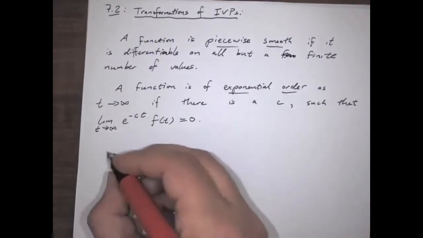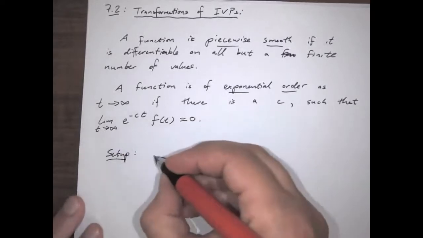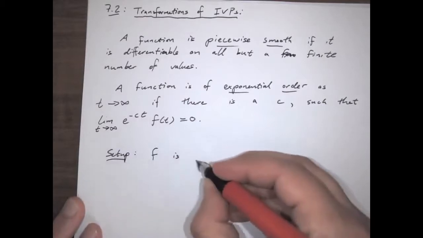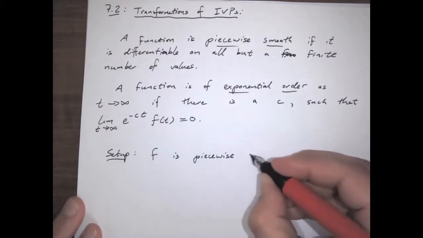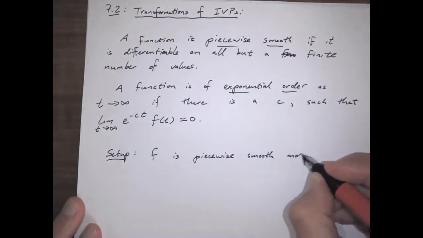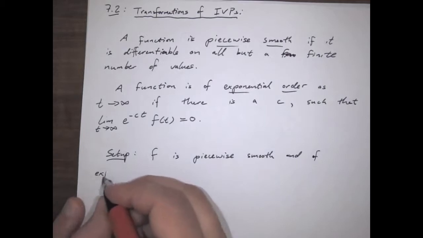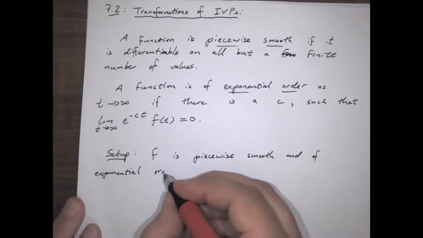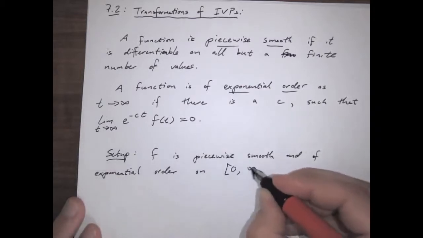So the setup for what is going to happen next is that we're going to have a function f that is both piecewise smooth and of exponential order on the interval from 0 to infinity.